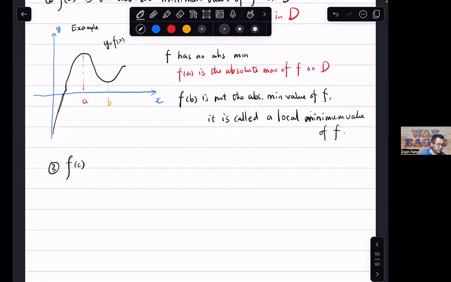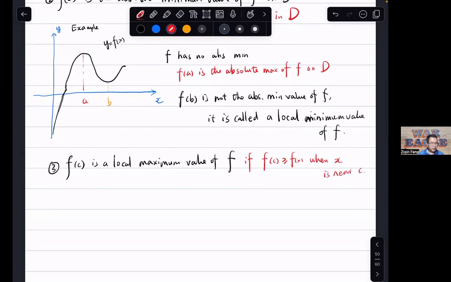f of c is a local maximum value of f, just locally, right? If f of c is greater or equal to f of x when x is near c, right?